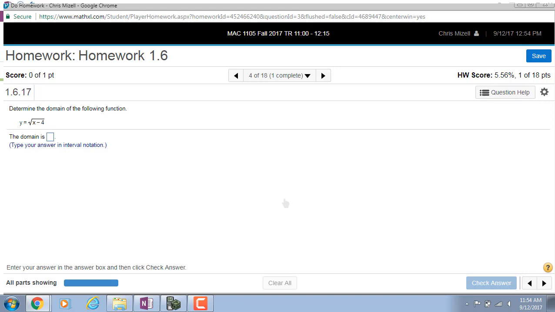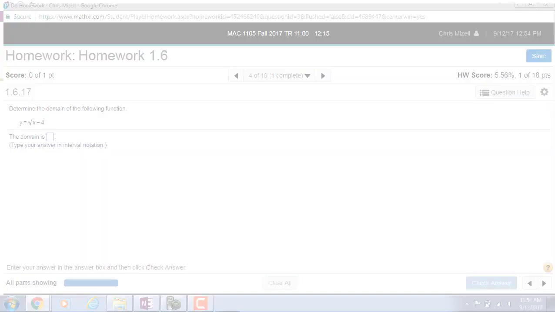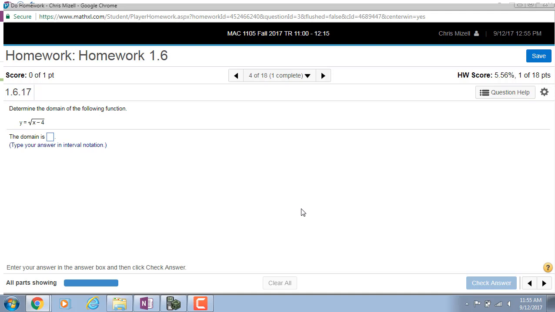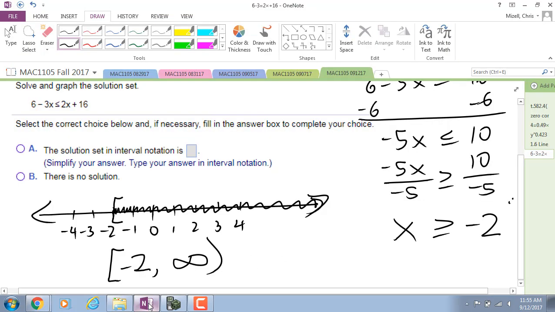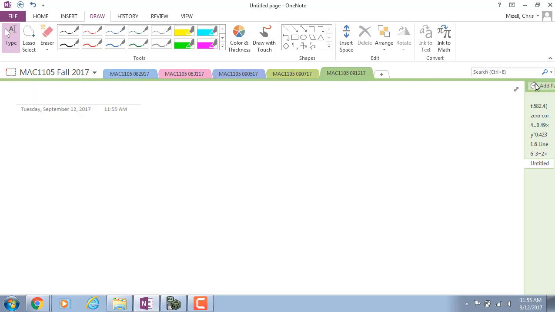Determine the domain of the function. We could probably stare this down. I think we've done a similar problem like this in class already in another section. We could probably come up with the domain of this function just by choosing some numbers and seeing what works and what doesn't work. I see a 4 there.